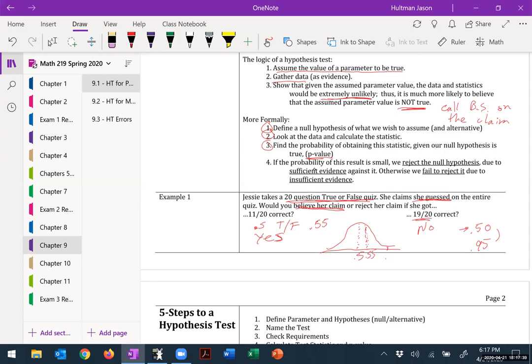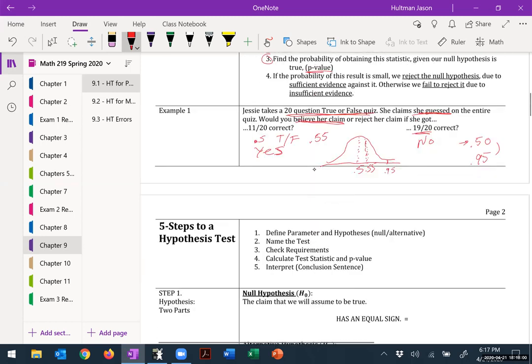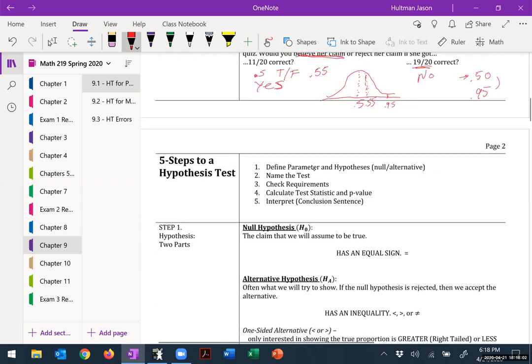Now we're way far away, more than 3 standard deviations away from the mean. So that's the idea. For proportions, we're going to use a standard normal curve and say, is it probable or is it not probable? Deal or no deal?